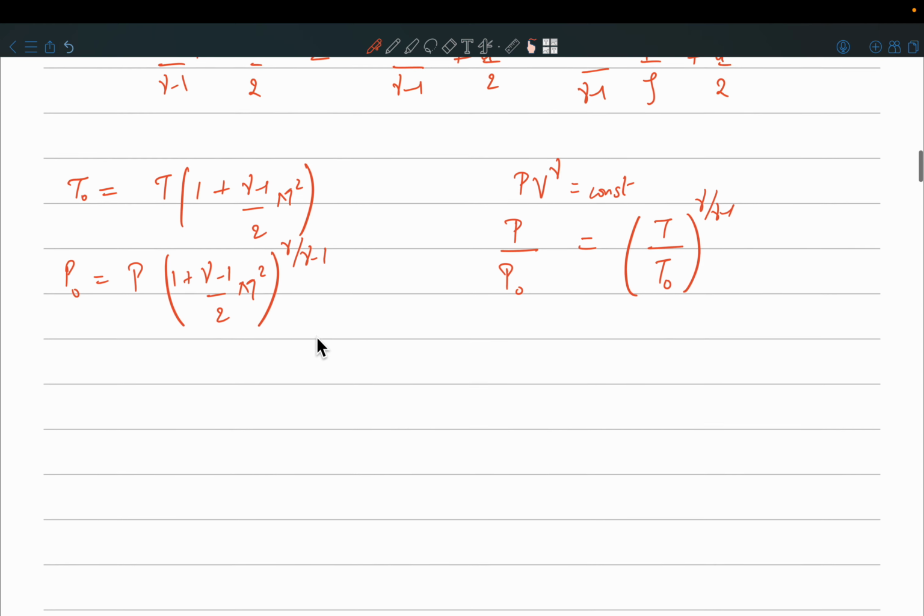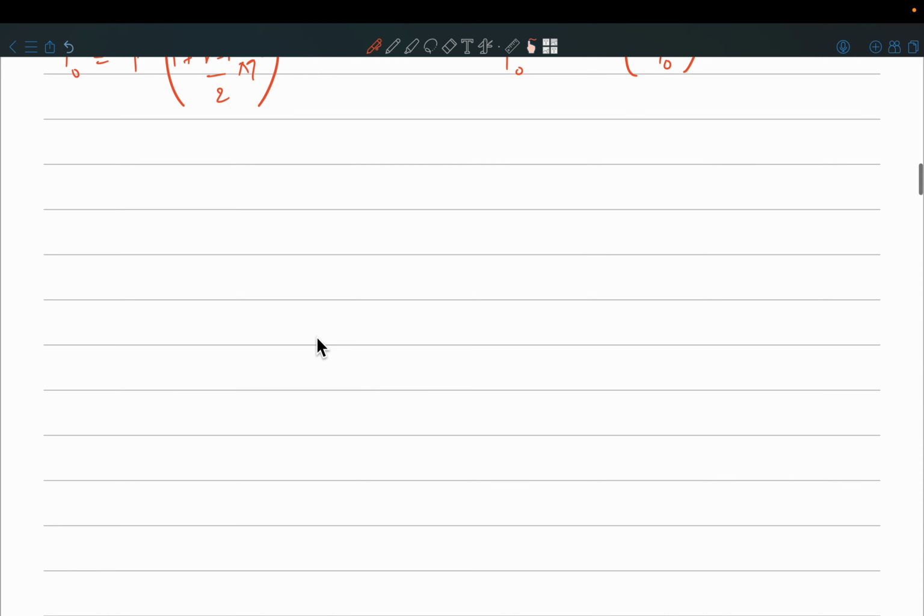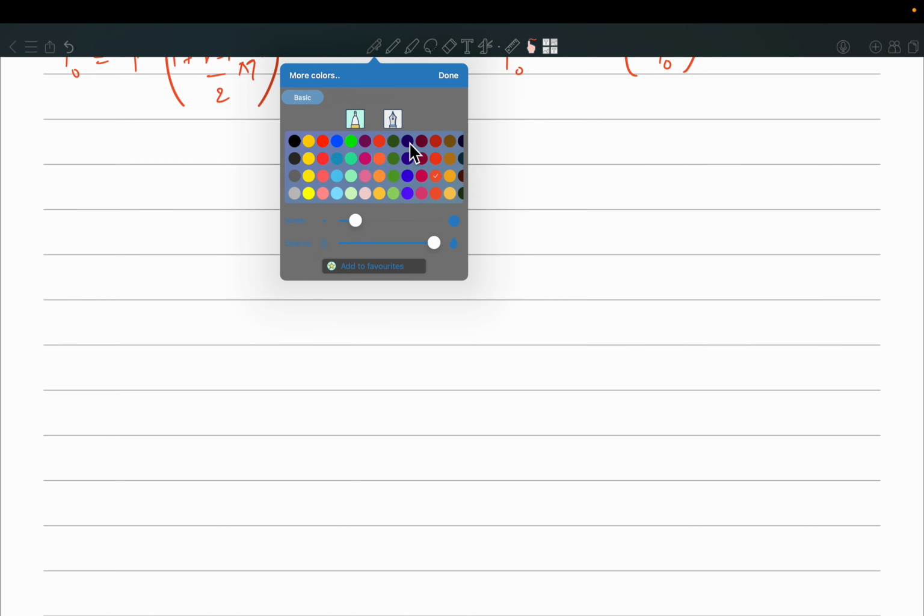Okay, so you also must be aware of the concept of the adiabatic ellipse. Can you help me with the equation?